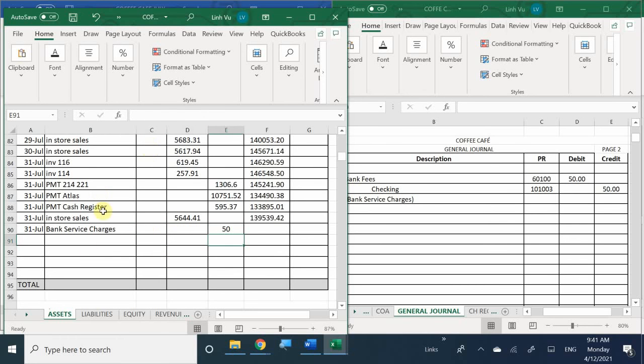Okay, so that means my running balance should now reflect that I should have 13,948,942. Okay. So we made a lot of money in the second month. Okay.